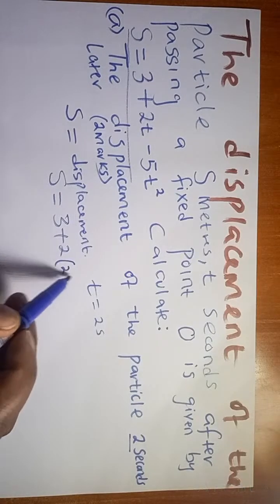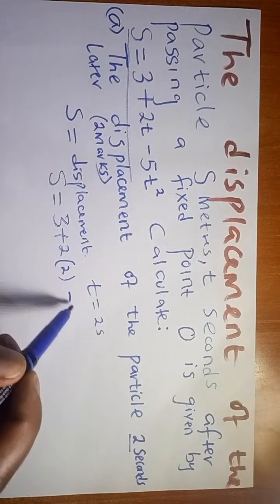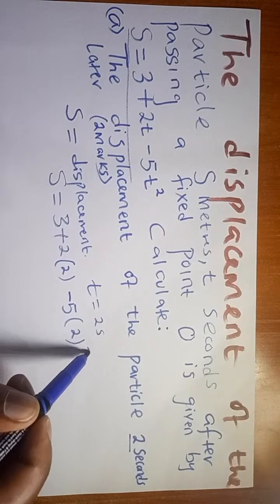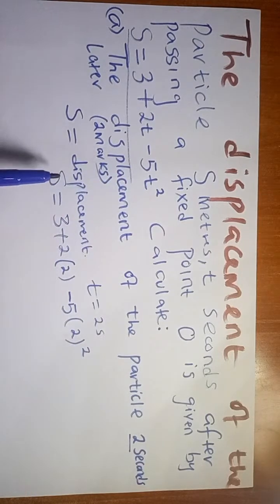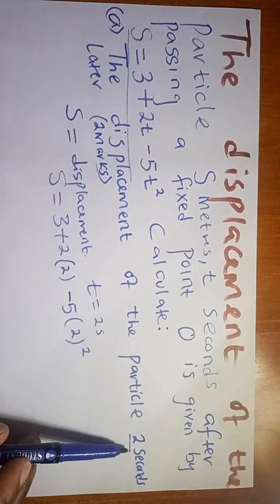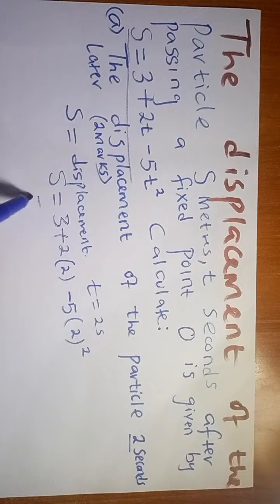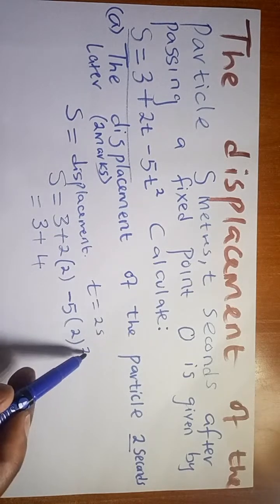So 2 into 2, and then minus 5 times 2 squared, the displacement of the particle when t is equal to 2 seconds. And then computing that, we get 3 plus 2 by 2 is 4. Then 2 squared is 4.